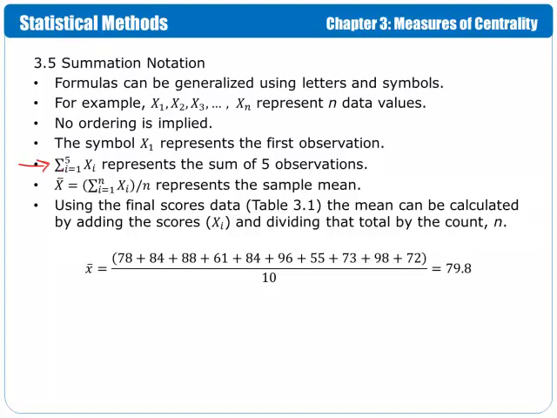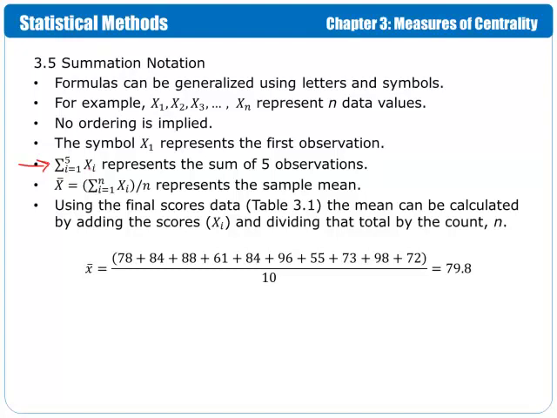So the way you read this is this capital Greek letter sigma is the summation sign. And this i equals 1 up to 5 means there are 5 observations and they are all indexed with this letter i.